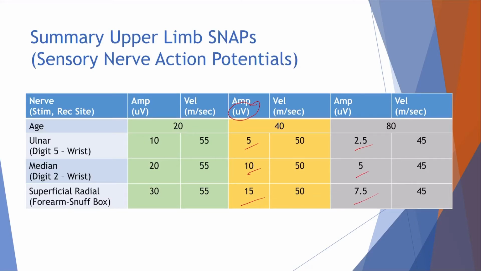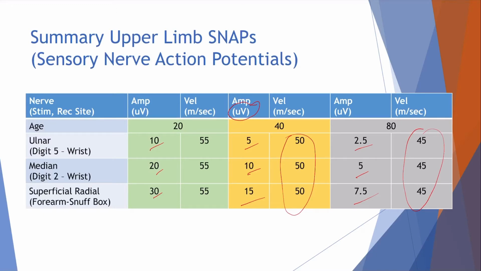If one is younger, then one can increase the amplitude we would expect, so it'd be 10 microvolts, 20 microvolts, and 30 microvolts respectively. In terms of the velocities now, the conduction velocities would be roughly about 50 meters per second at the 40-year-old age bracket, and they will decrease a little bit as one gets older, maybe about 45 or so.